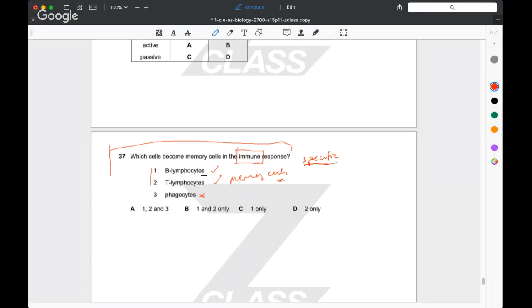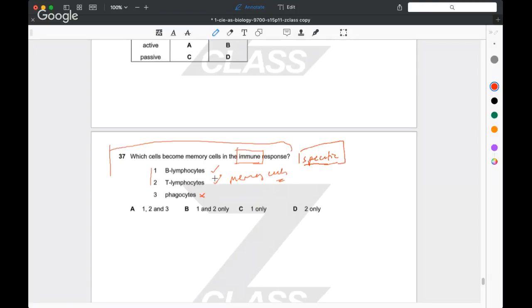And then you need to remember, or draw some kind of sketch of the cascade, because you need to learn this cascade and understand that both the B lymphocytes are activated and the T lymphocytes are activated. They are part of the specific immune response.